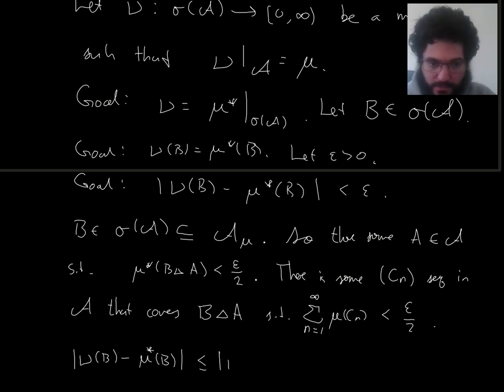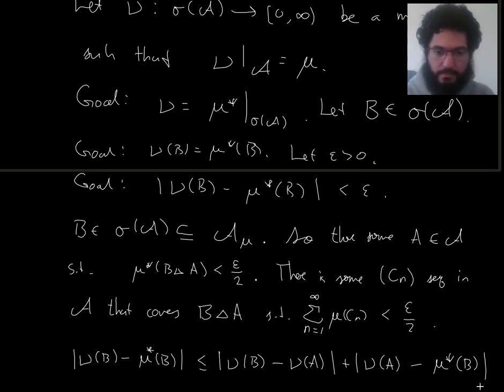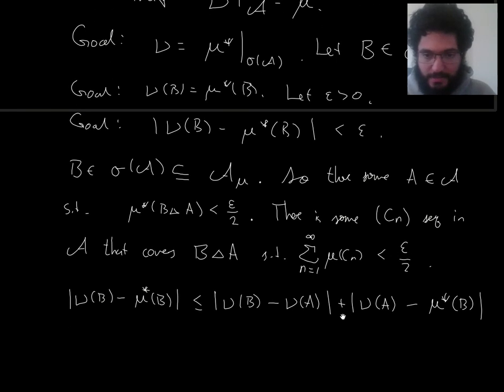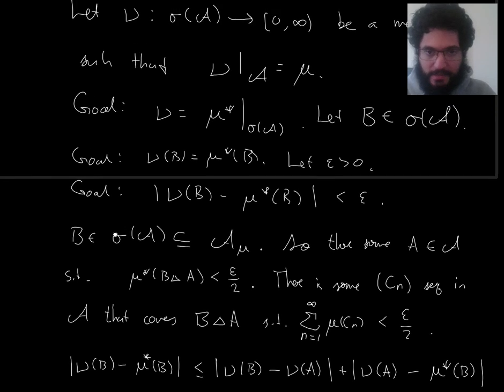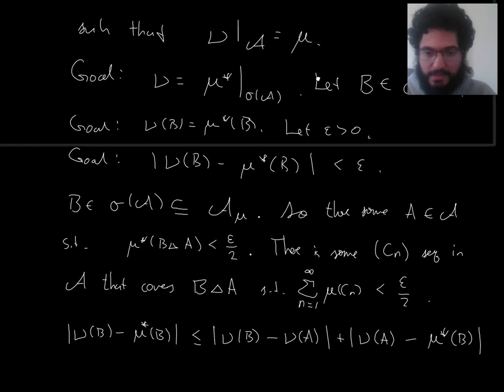So triangle inequality, where the middleman here is nu of A. The reason I'm using this as a middleman is that this is where I know I have a nu and mu agreeing somehow.